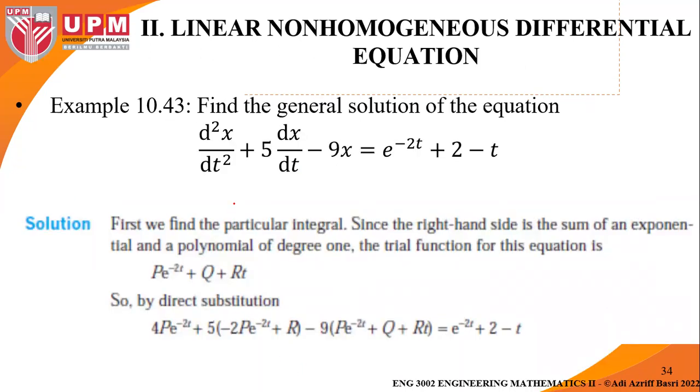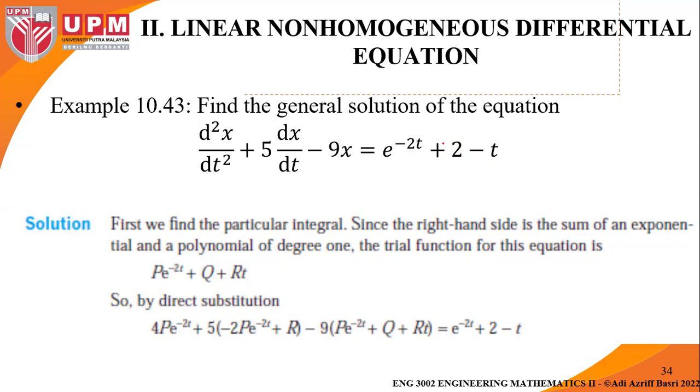Okay, for example here, you have a general non-homogeneous equation, but on your right side you have three terms: exponent negative 2t plus 2 minus t.